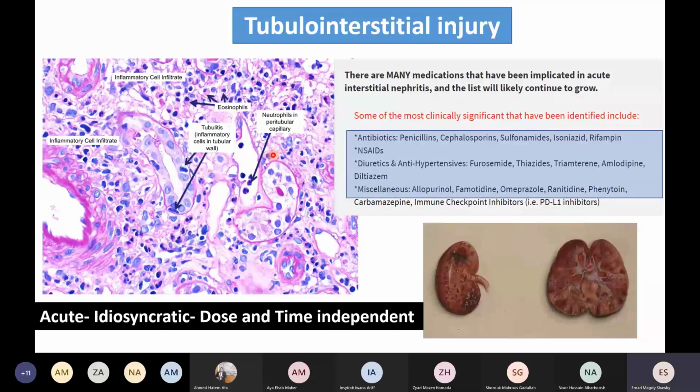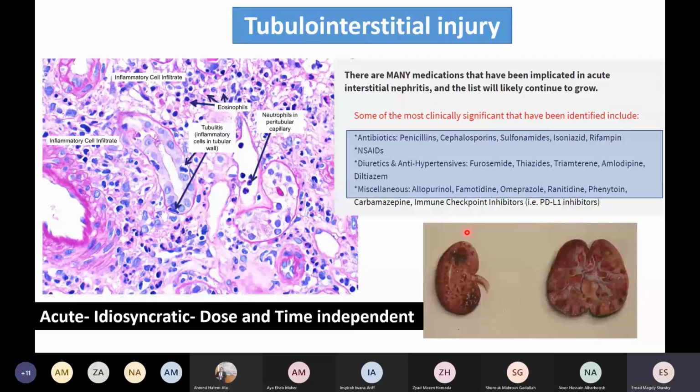Do we have certain drugs that can cause this? This is a real autopsy picture of a patient. This is the gross picture of a kidney with acute inflammation from a drug, a hypersensitivity action from a drug. As you see, the effect is seen grossly. It's not just microscopic.